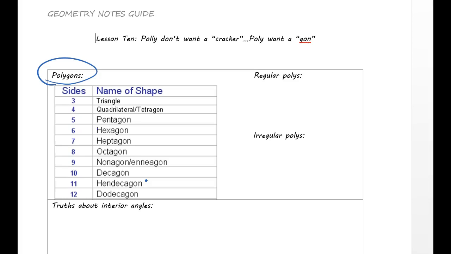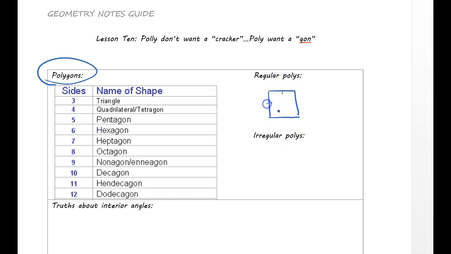So let me see if I can explain the difference here. I'm just going to do it with a 4-sided shape real quick. A regular polygon is one in which all the sides are congruent and the angles are congruent. An irregular polygon, see how many sides this has?